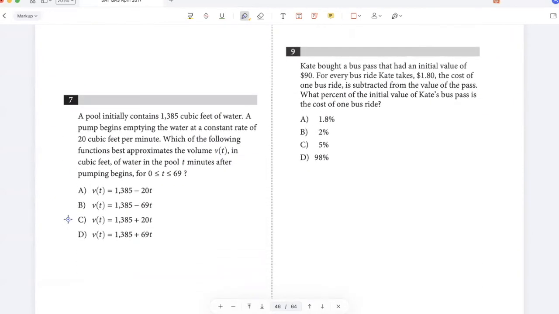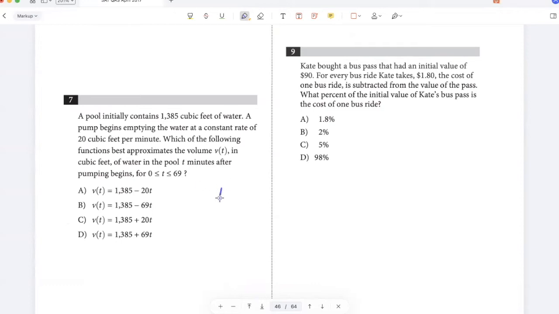A pool initially contains 1385 cubic feet of water. A pump begins emptying the water at a constant rate of 20 cubic feet per minute. Which of the following functions best approximates the volume in cubic feet of water in the pool t minutes after pumping begins? Right.